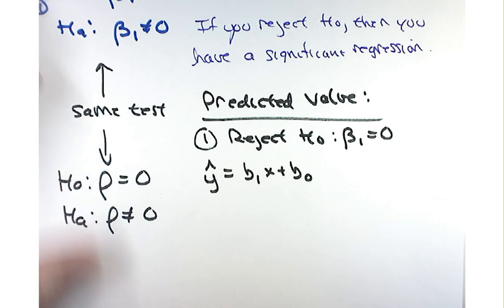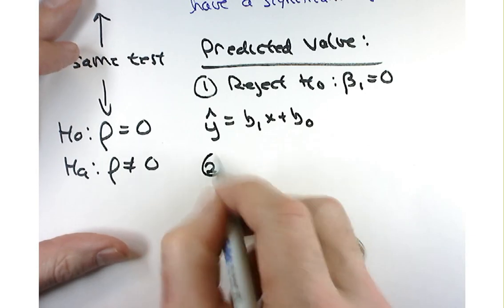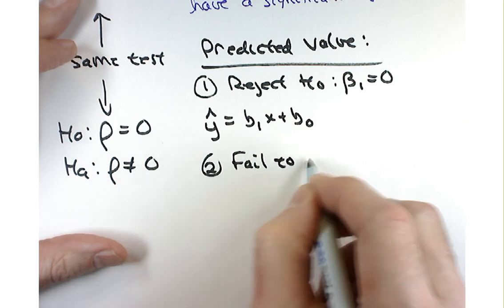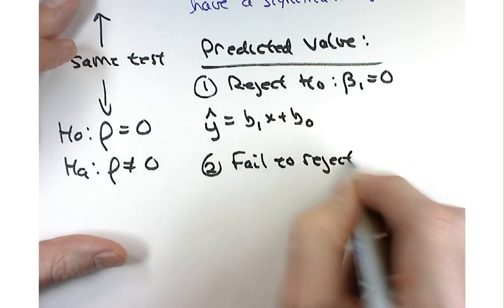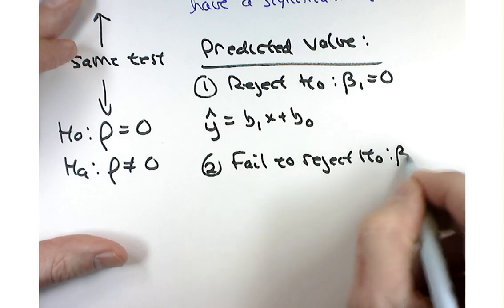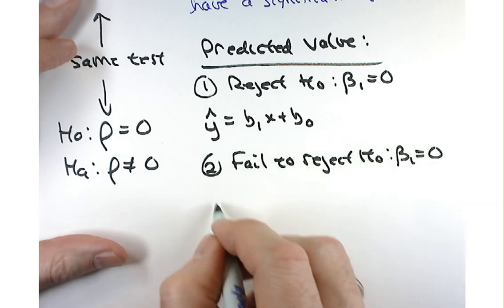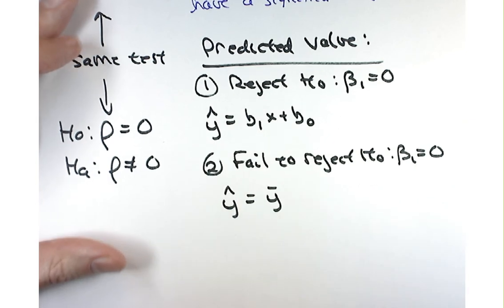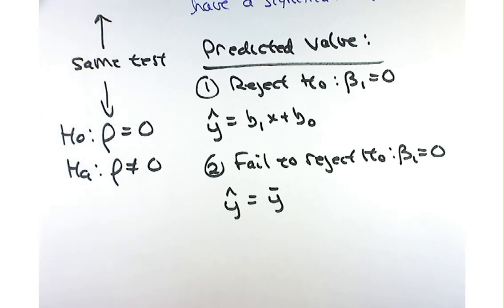If you fail to reject h0, then your best predicted value is this. What do I mean by that? Y hat equals Y bar.